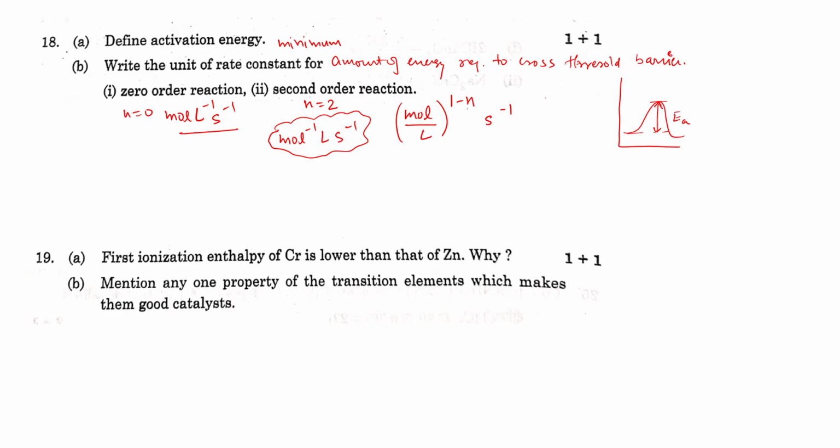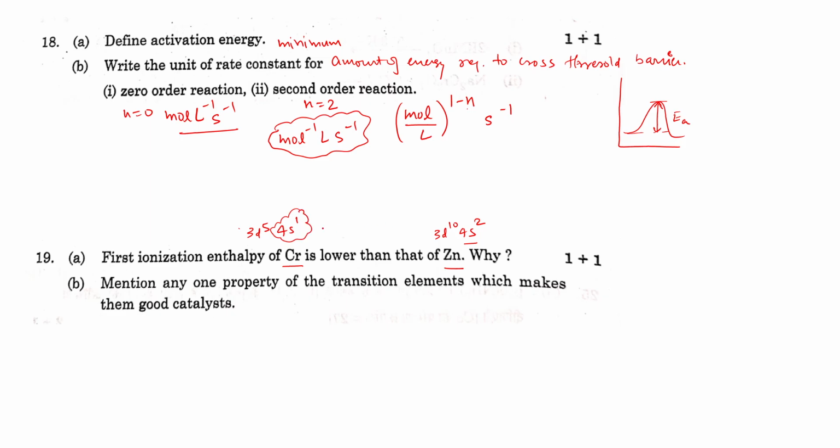Then again, next question. First IE of chromium is lower than that of zinc. As we all know, chromium's outer electronic configuration is 4s1 3d5, whereas zinc is 3d10 4s2. So of course, removing an electron from chromium becomes easier.